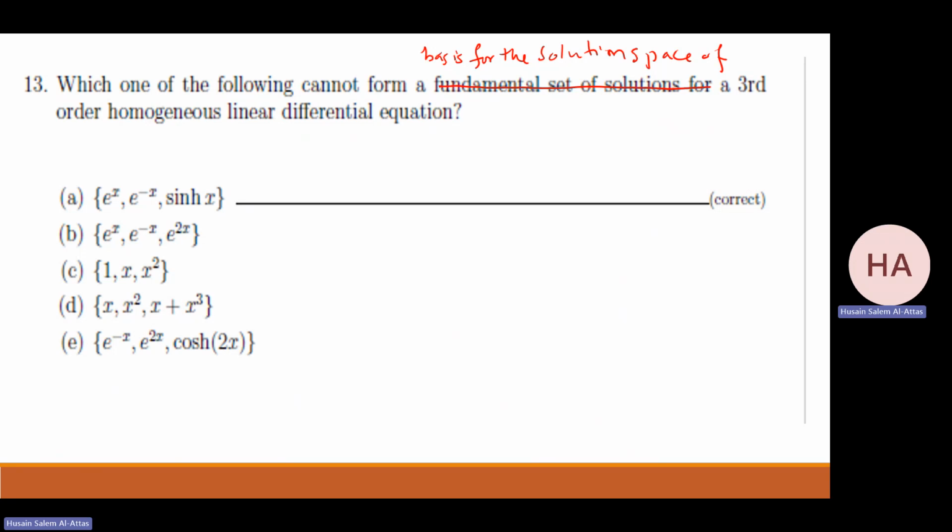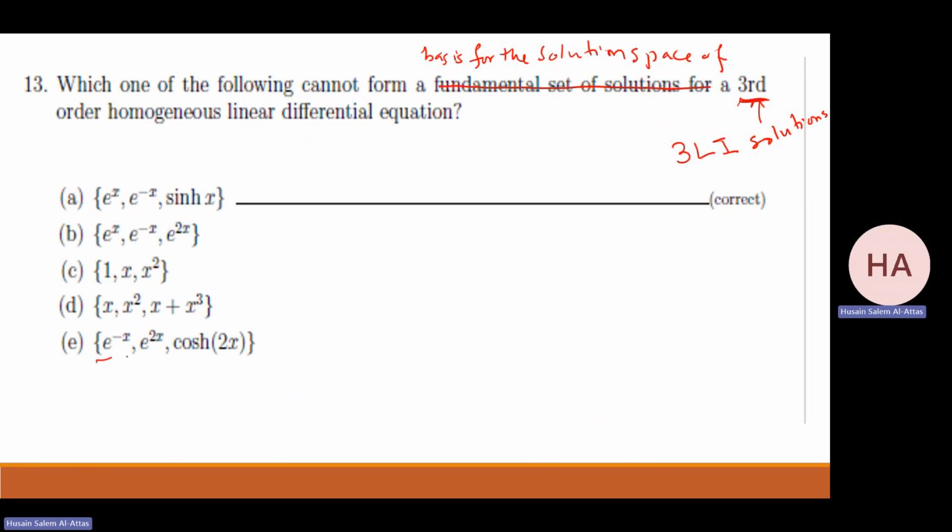Which one of the following cannot form a basis for the solution space? They are bases, third order. It means what? I need 3 linearly independent solutions. So I need them to be 3 and linearly independent.